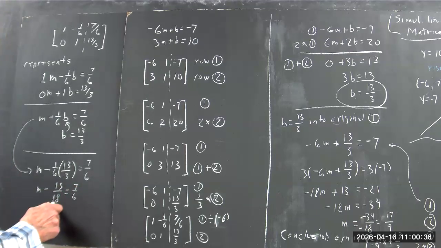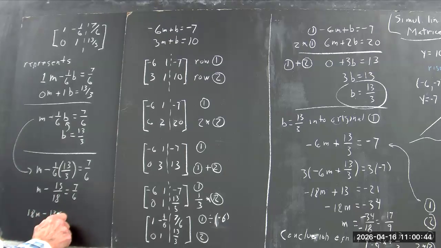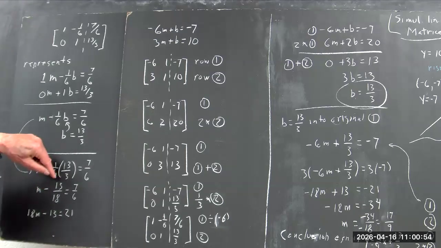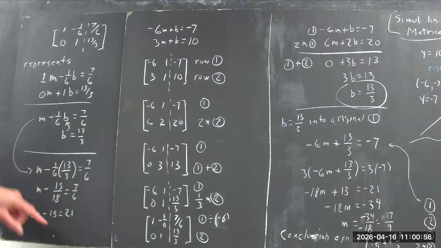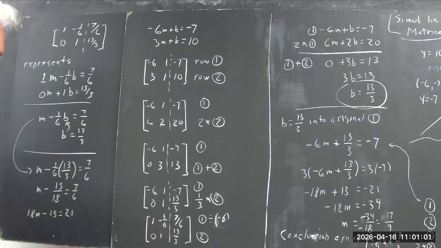I have to multiply both sides then by 18, which gives me 18M minus 13 equals 21. 18 times M is 18M. 18 times -13 over 18 is -13. And 18 times 7/6 is 21.